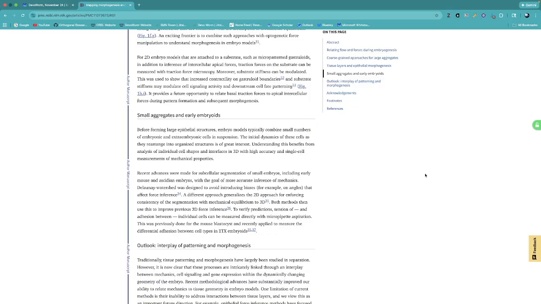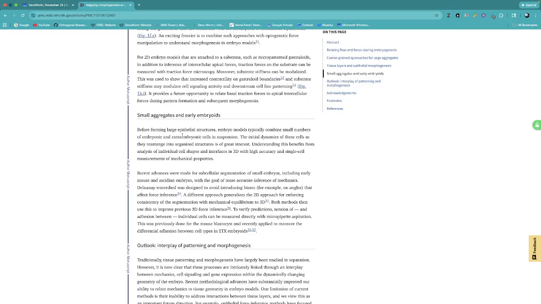We also have buffering, which maintains a homeostasis in development. But basically, the embryoids, I think, are a window into what development could do. Before forming large epithelial structures, embryo models typically combine small numbers of embryonic and extra-embryonic cells in suspension.